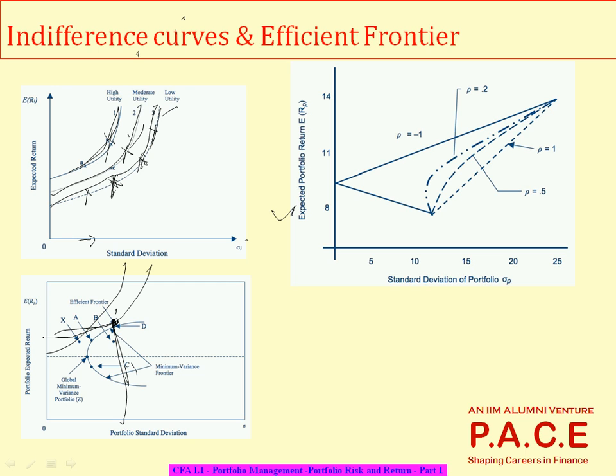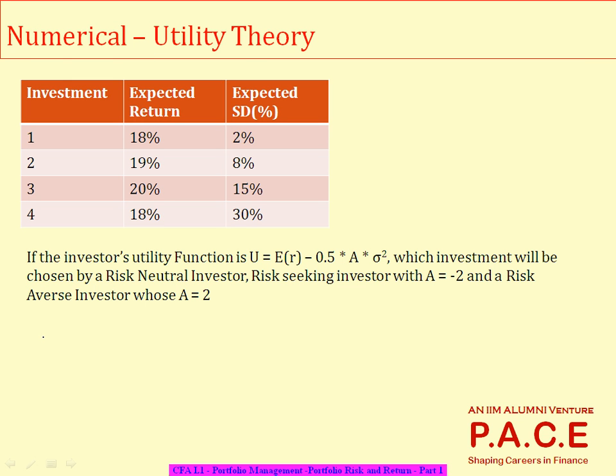The utility is investor specific. Utility is an economic concept, which is actually a mathematical equation. I'll take up one example here. The utility function is, let's say, an equation like this: my utility is expected return minus 0.5 times some constant A times sigma square.